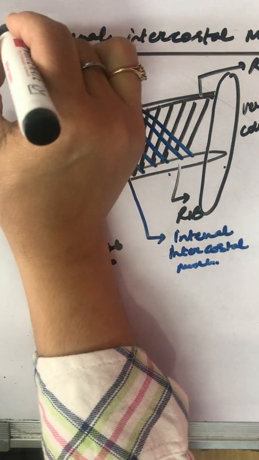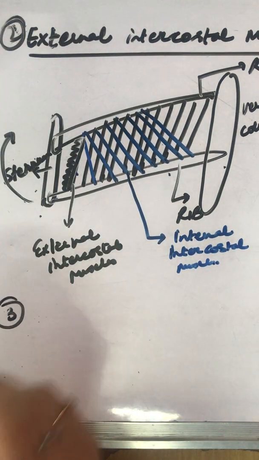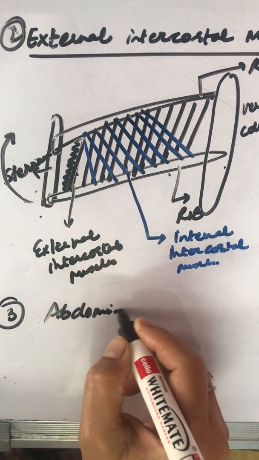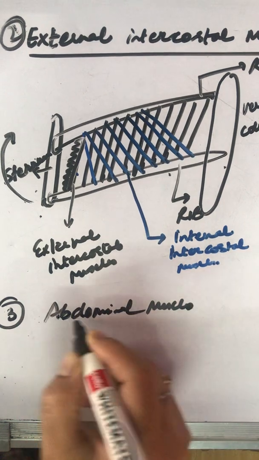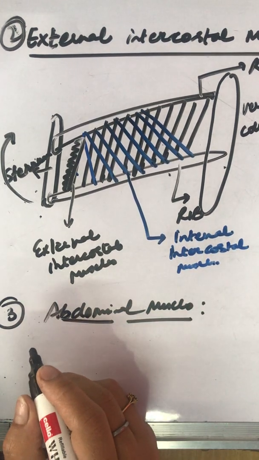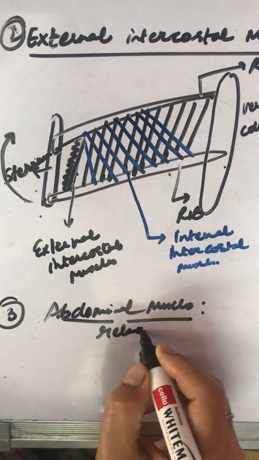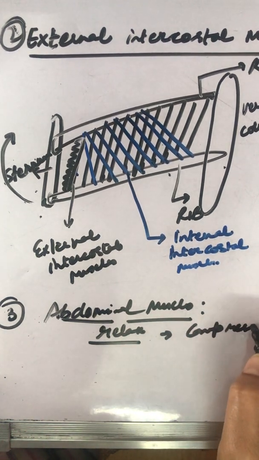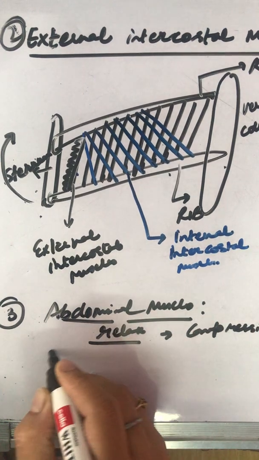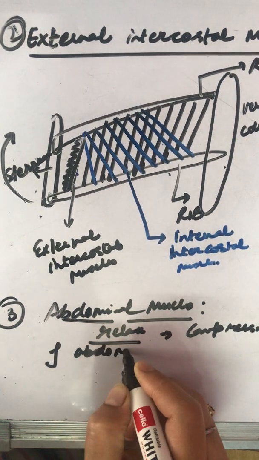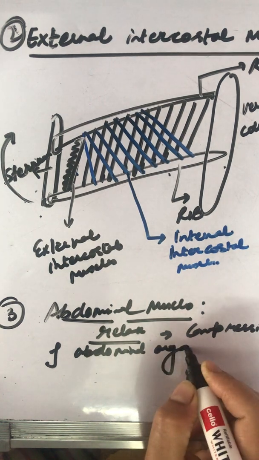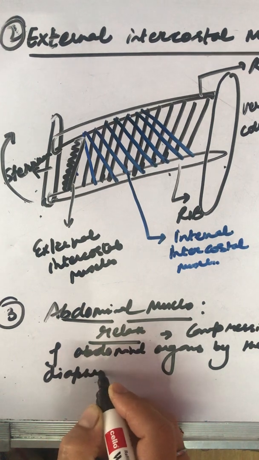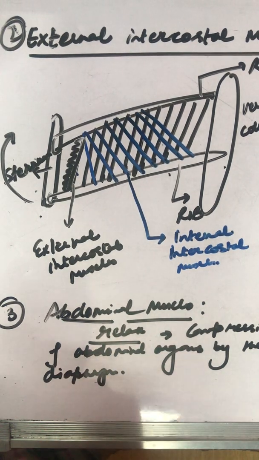Thirdly, the abdominal muscles. Talking about the abdominal muscles, these will relax and allow the compression of abdominal organs by the diaphragm. तो अब क्या होगा?